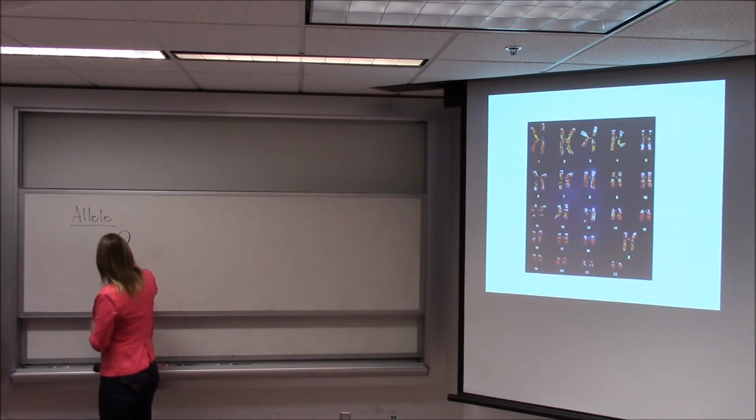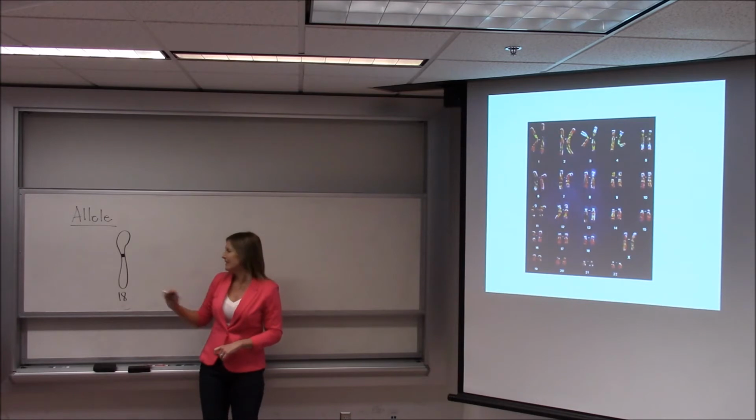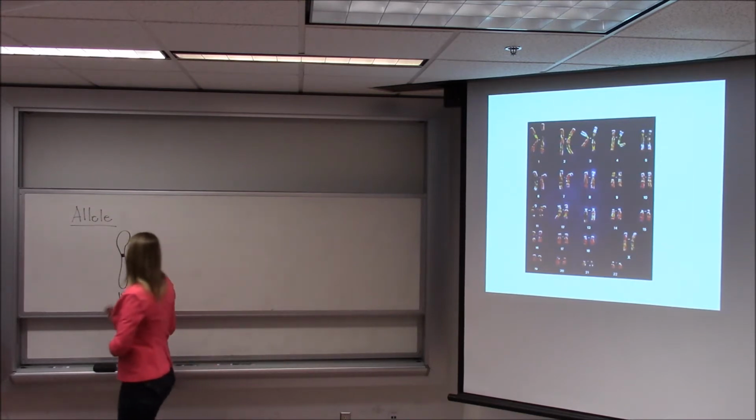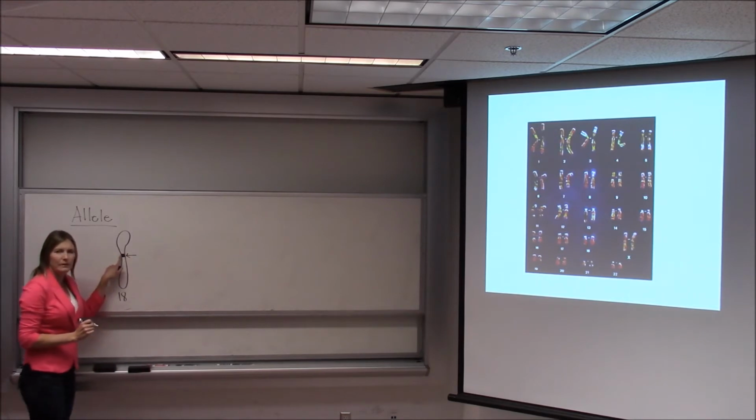And on this hamster's chromosome 18, this is where fur color is determined. And this hamster has 2 possible fur colors, brown and white. In that case, we could have 2 different alleles here, 2 different versions of that same gene.